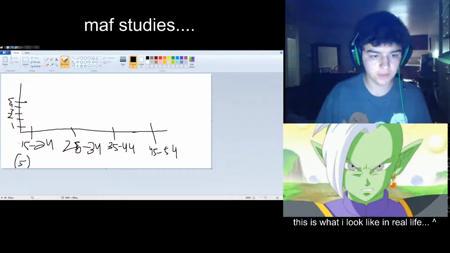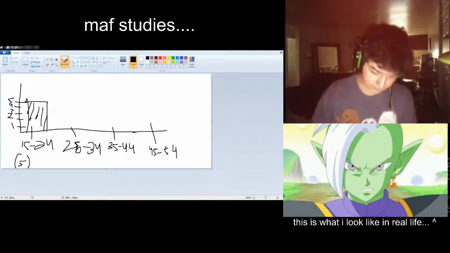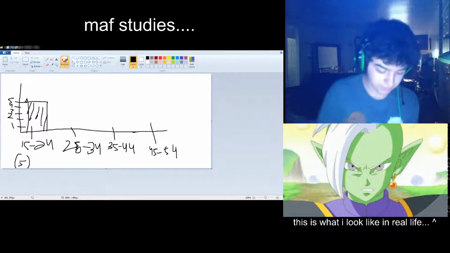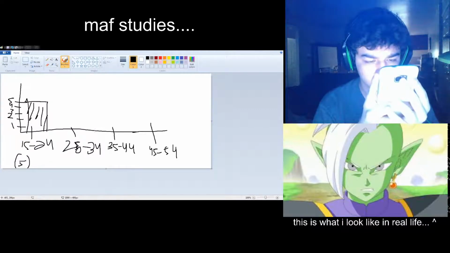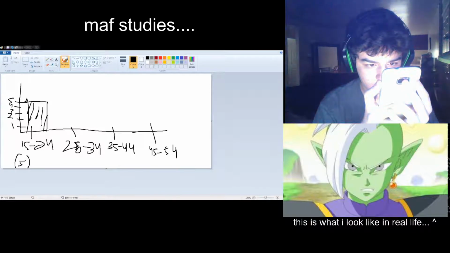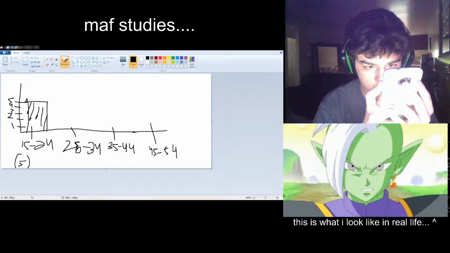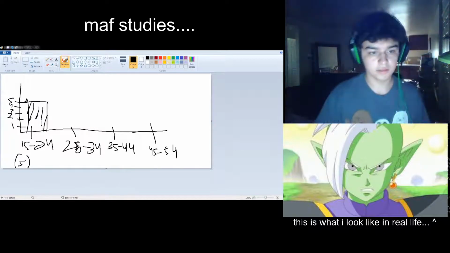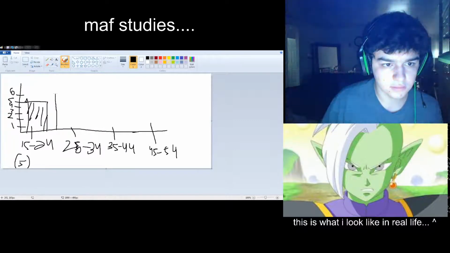So the 15 to 24 bar goes to the 5th frequency. And then from 25 to 34, it's 1, 2, 3, 4, 5, 6. So this goes all the way to the 6th frequency.